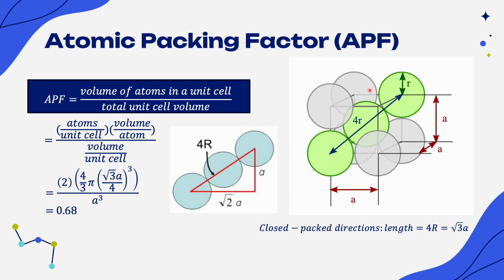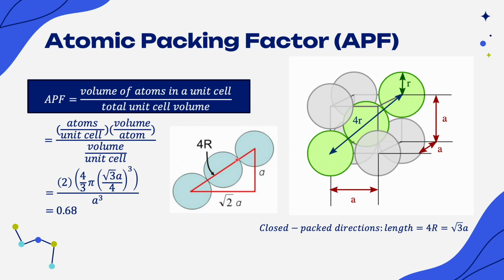Or you can use the top of the cube also, but I'll use the bottom. So to find this diagonal, this side is a and this side is square root of 2 a. By simple calculation, you'll get the diagonal equals square root of 3 a.